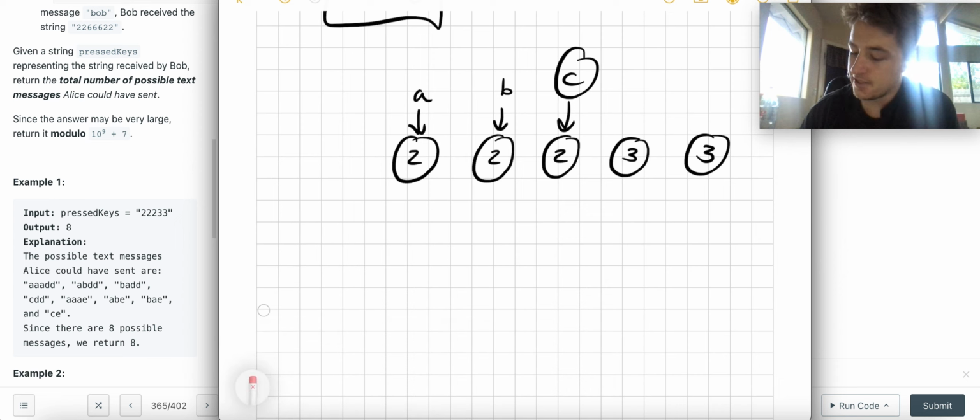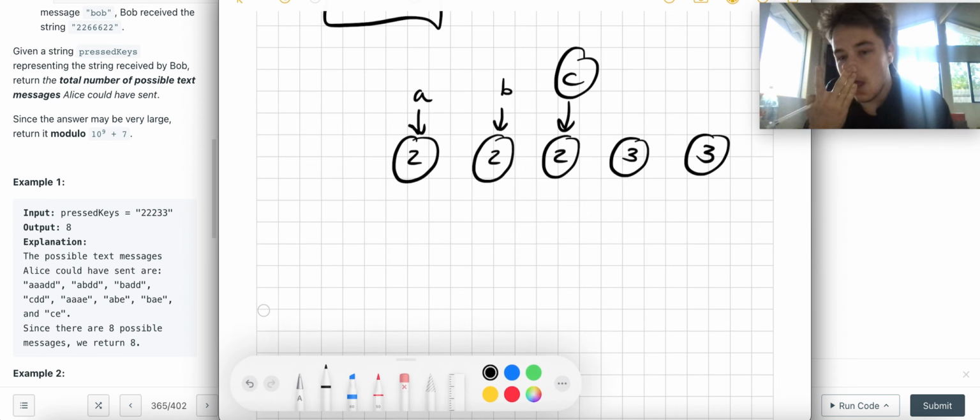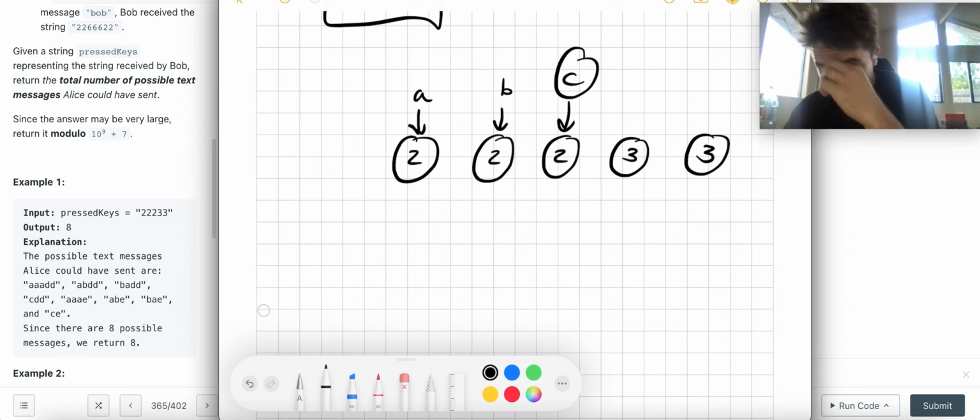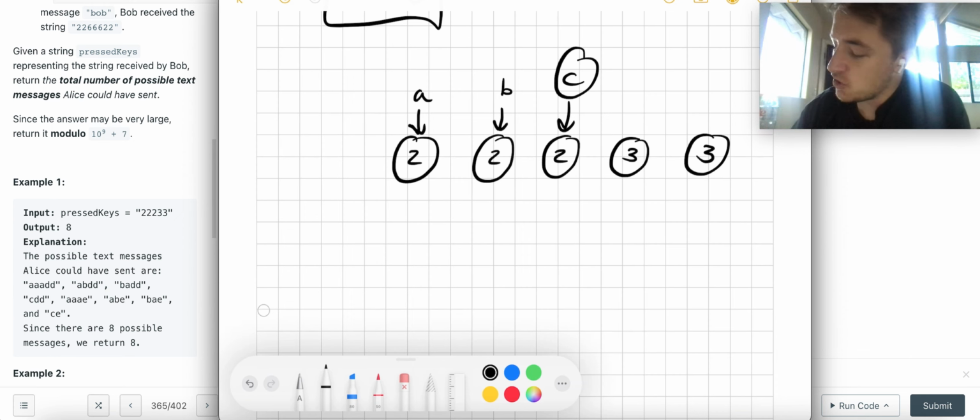All right, so what does that mean? If this was C, sorry, I'm just thinking about how I'm going to explain this.